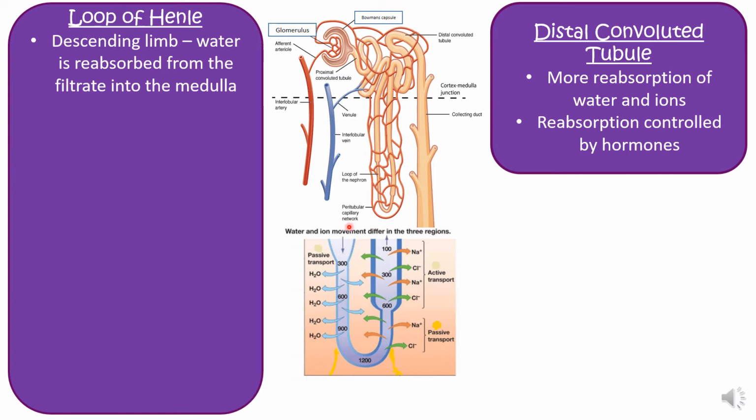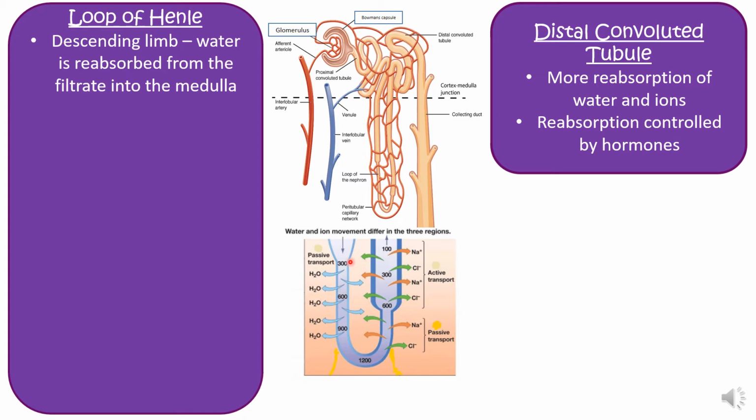Now in the descending limb, water is reabsorbed from the filtrate into the medulla. So the medulla is just the area of the kidney that the loop of Henle is found in. It will eventually then move into capillaries, but just in this little area, it moves into the medulla. So you can see that you've got water moving out.